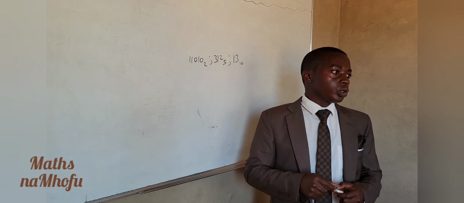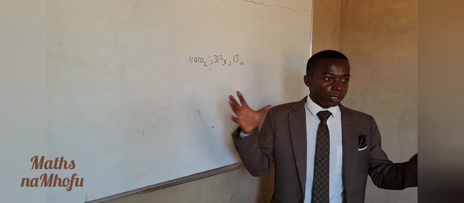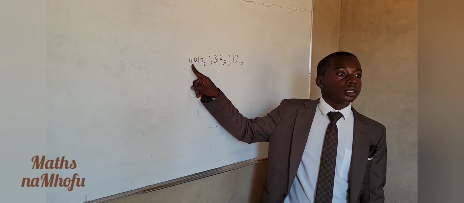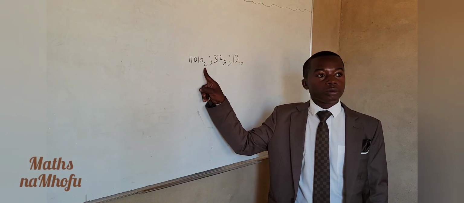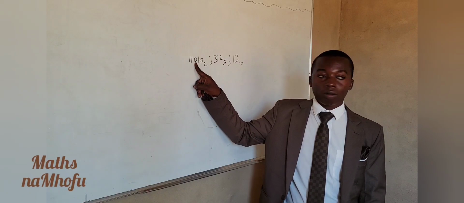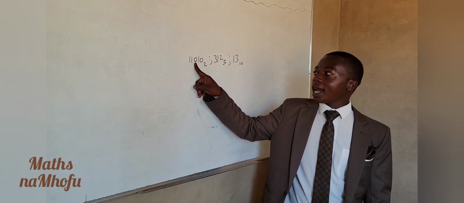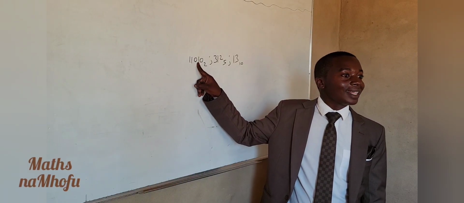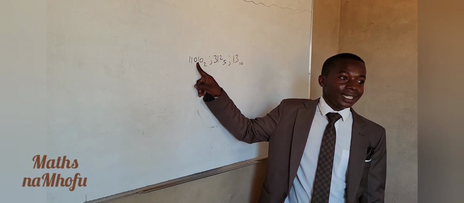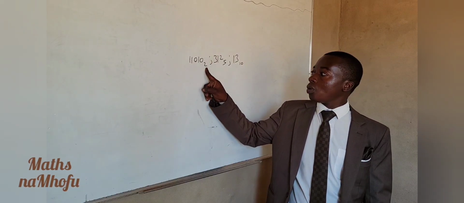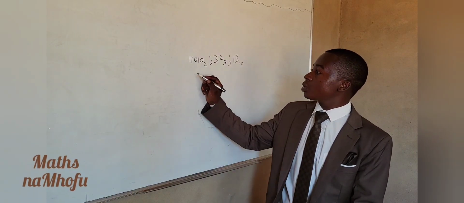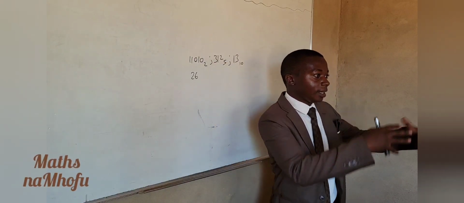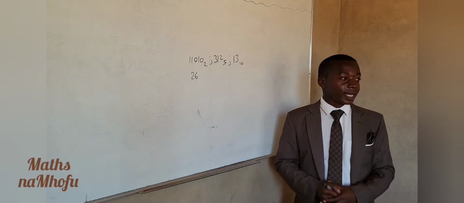This time I'm going to use the short method, and you can do the long one. 2 times 1 plus 2, plus 1 is 3, times 2 is 6, plus 0 is 6, times 2 is 12, plus 1 is 13. 13 times 2 is 26. So this one is 26 in base 10. That's the short method. You can expand and place the powers, and you still get the same answer.